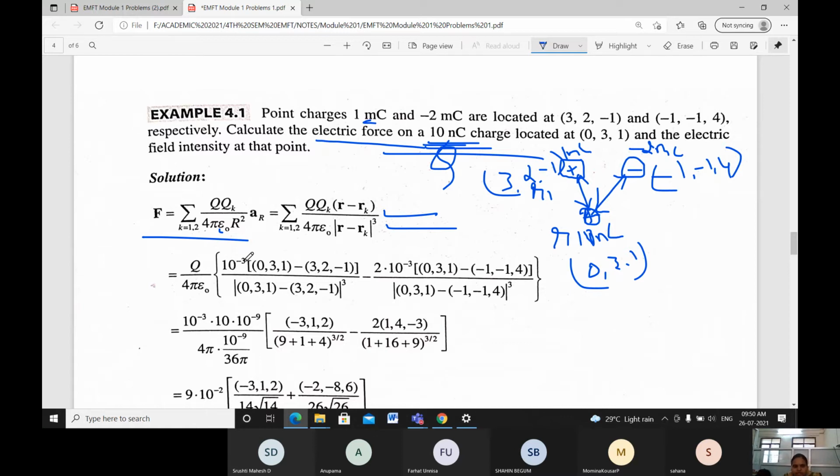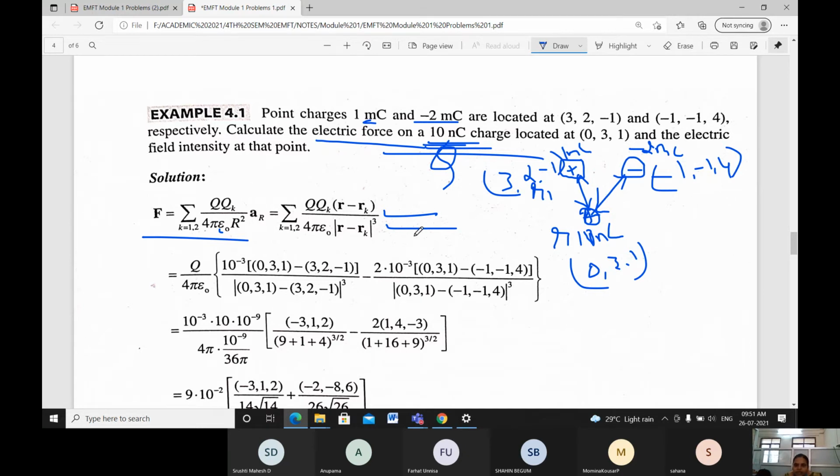The distance is (0, 3, 1) minus (3, 2, -1), R minus RK divided by mod cube. Then with respect to the second charge it is going to be minus because it is negative. If it is a positive point charge, you will get positive only.